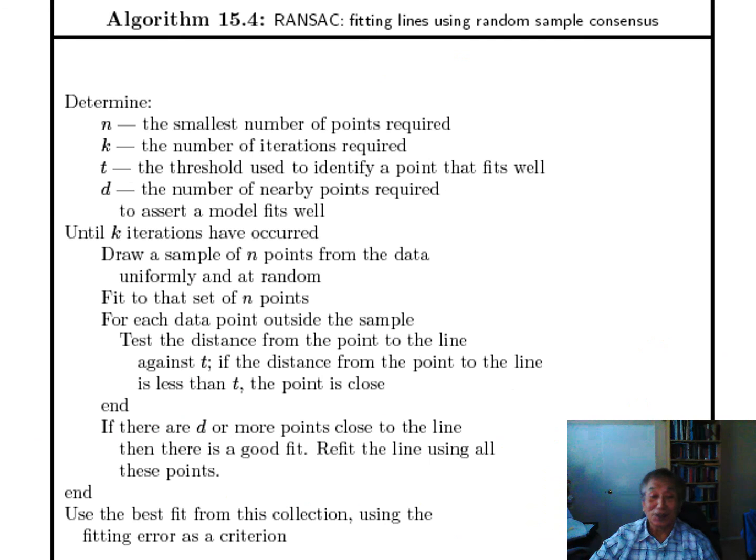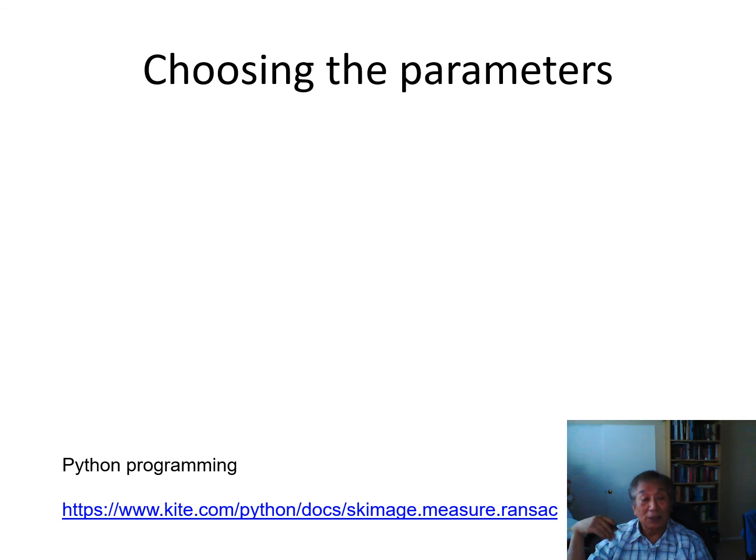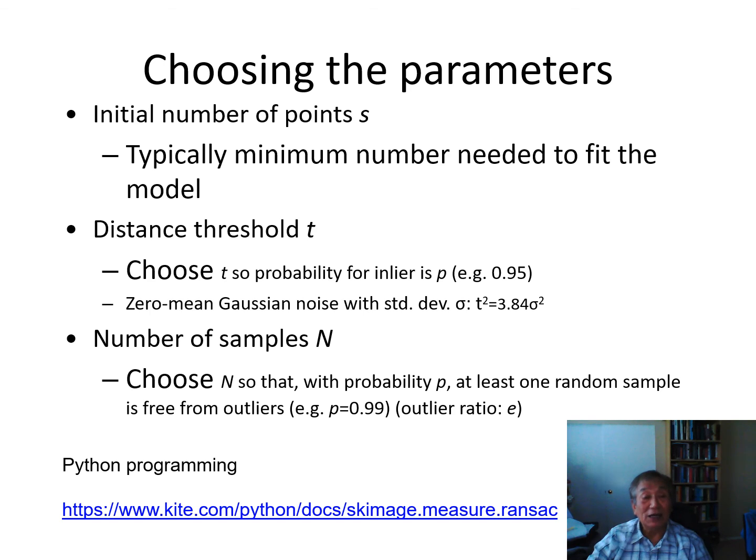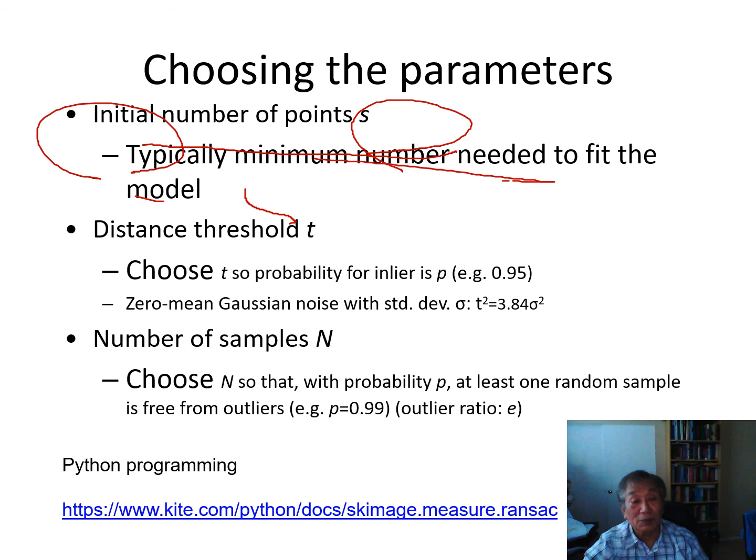So this is more of a detailed algorithm. There is a lot of software that has already implemented this, so you don't have to worry about it too much. OpenCV also has this one, RANSAC also. Choosing the parameters isn't that easy, but anyhow, the total number of points is the minimum number needed to fit the model.